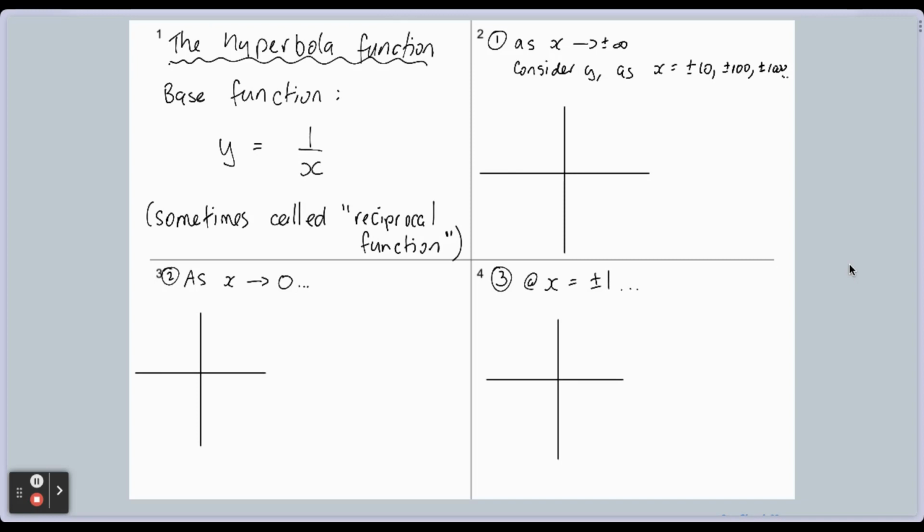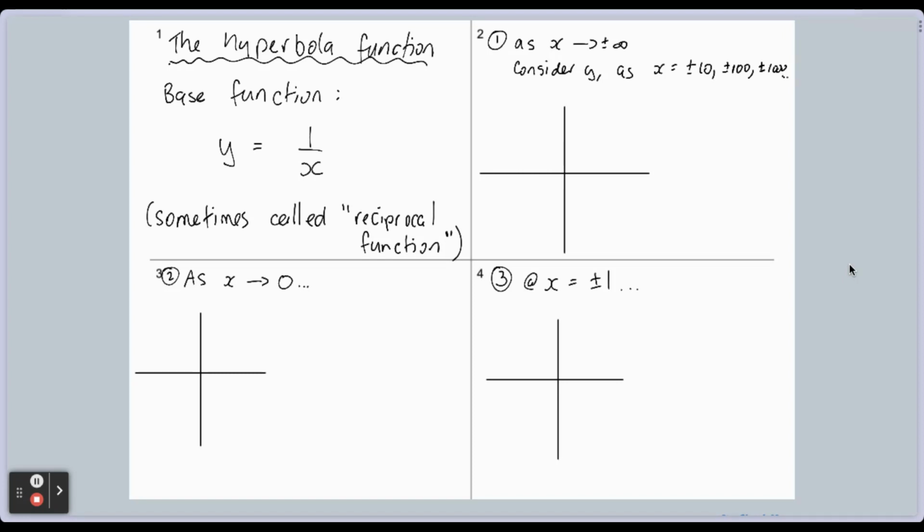So to do that, you consider what happens when x is 10 or 100 or 1,000. So we've got 1 on 10, 1 on 100, 1 on 1,000, 1 on a million, 1 on a billion. What's happening to the value of y as I increase the value of x?